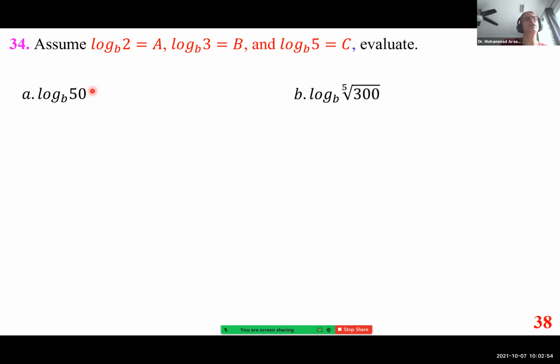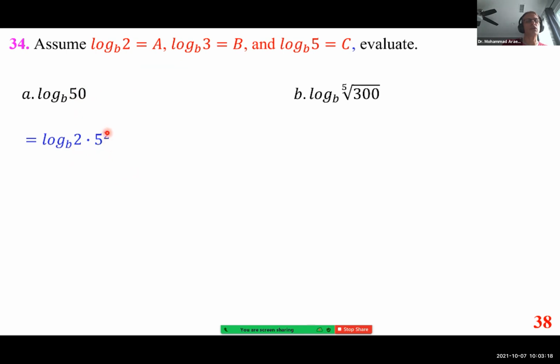So we're going to cut 50 into its factors that include 2, 3, 5, whatever we can. I hope you realize this is 2 times 25, which makes it 2 times 5 squared. I'm assuming nobody has any problem with the factor. Therefore, this is log 2 plus log 5 squared.